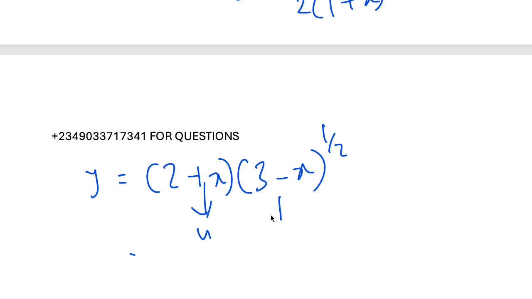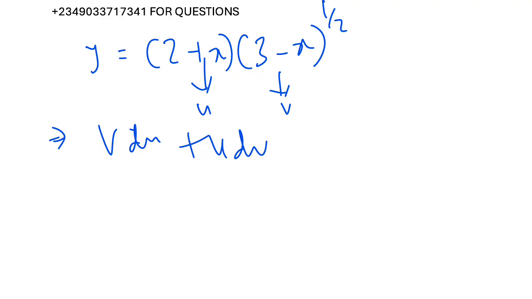So you still follow the same principle. You say let this be u, let this be v, and then you're using product rule this time, right? And that says v du plus u dv, right? So with that, what do we then have? It becomes 3 minus x to the power half times du, right? du in this case is 1.